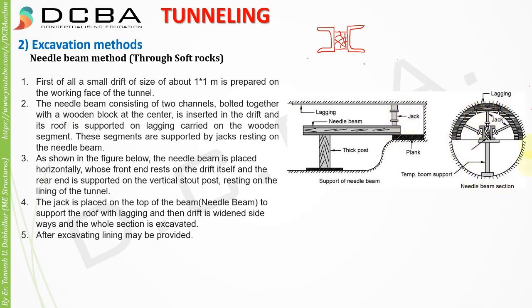So as you can see here in this cross section, there is this lagging here. Lagging is a material that we use to support the roof, and this lagging is then supported by these jacks. So there are three jacks like this, and they will not allow the lagging to fall down. So this is how we do this.